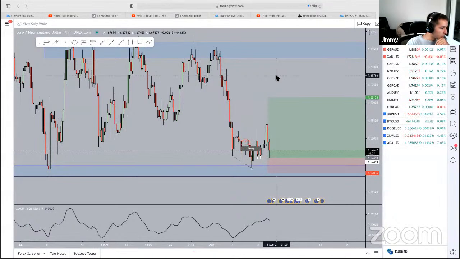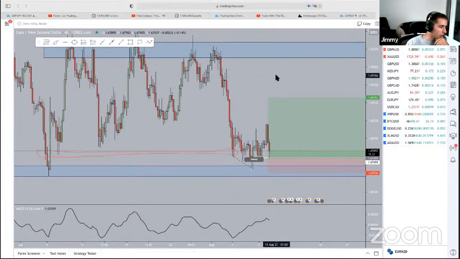This move grabbed all those stop losses, okay? Because we have clear support right there where some buyers take entry, and clear support formed right there. Market comes for another retest.